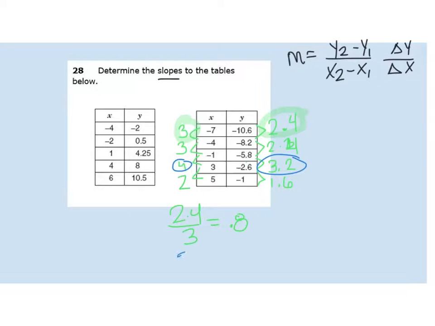So we have 3.2 divided by 4. That also comes out to 0.8. And then we go back to the last one, 1.6 divided by 2. And we'll see that that is 0.8 as well. So here we have a slope of 0.8.